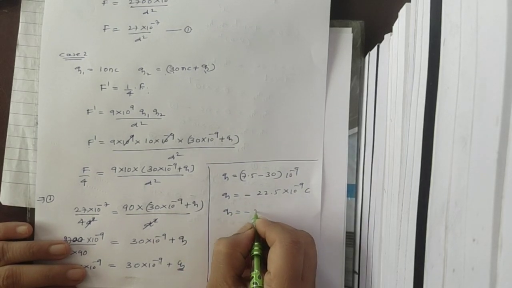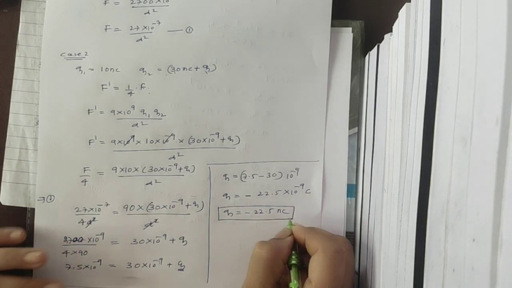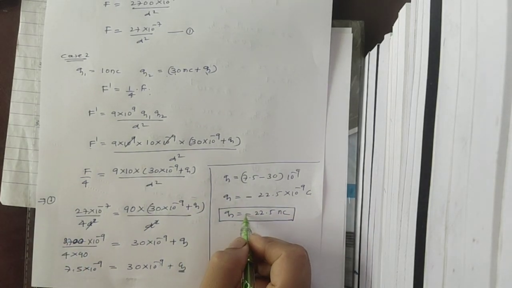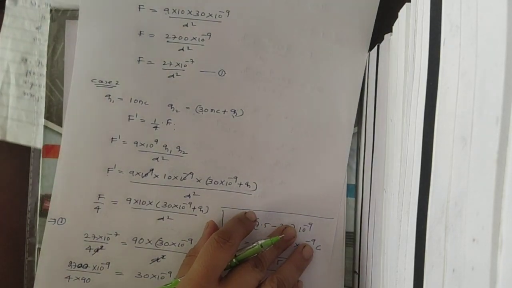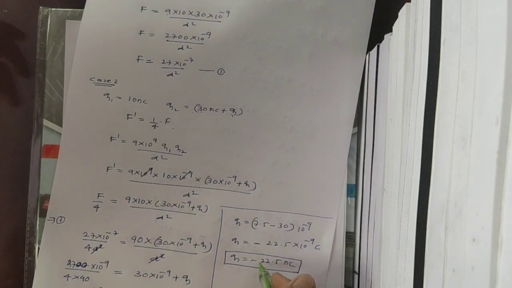So Q equal to minus 22.5 nanocoulomb. If we add this much charge to the larger charge, then the force reduces to 1/4. We are decreasing the charge here. If charge decreases, force also decreases, keeping the distance constant.